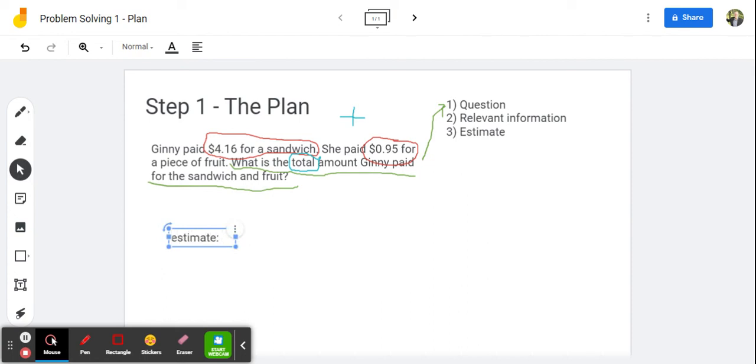Rounding means picking an approximate number nearby that is a little bit simpler and easier to deal with. So $4.16 is very close to $4. And we can add that to 95 cents, which is very close to $1. So our estimate could be about $5. And that'll let us know if our answer that we find later is far off.